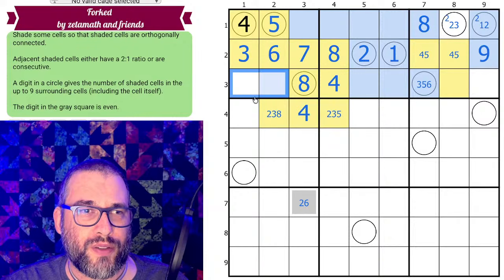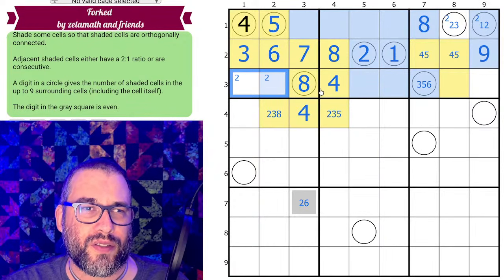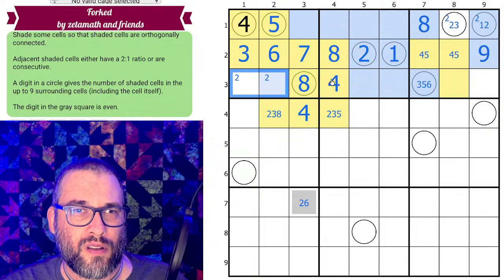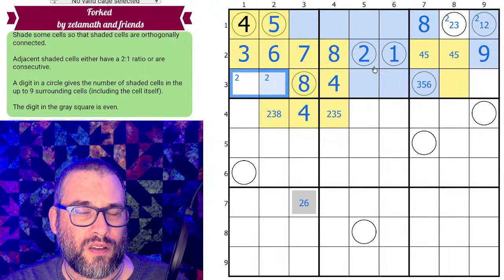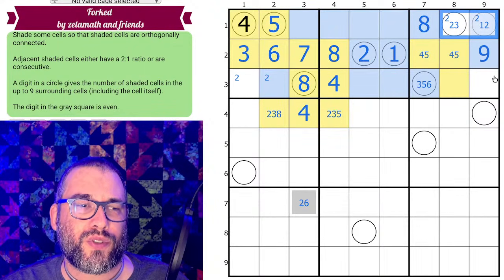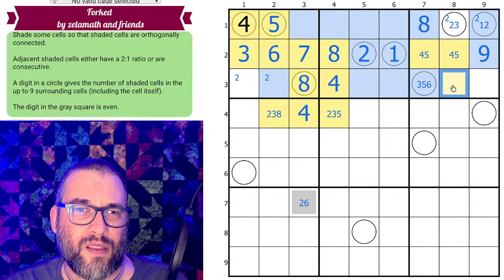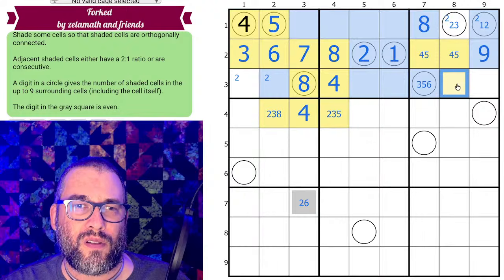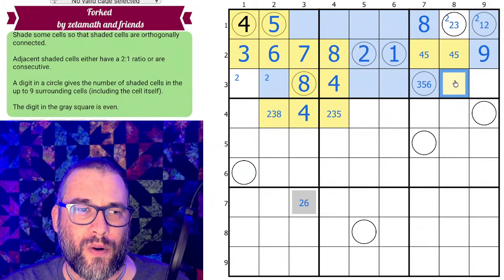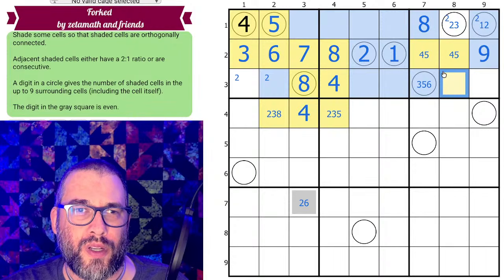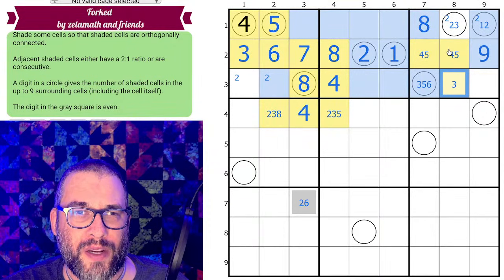The 2 in box 1 is in one of these. We already knew one of these was 2. This has to be something that has a relationship with 4 or 5. It's not 1, it's not 2. Could be 3 having a relationship with 4.